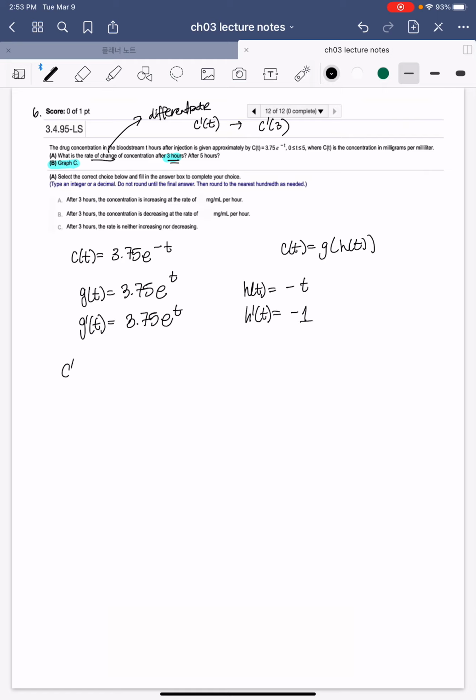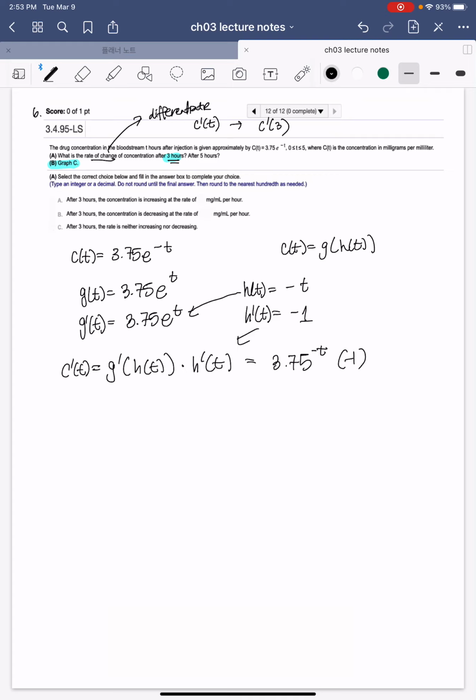So my C prime of t will be g prime of h of t times h prime of t. And then we have h of t, plug it into this one here. So we have 3.75 e to the negative t times negative 1.